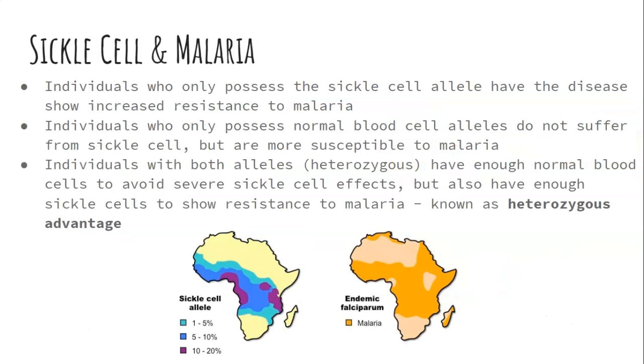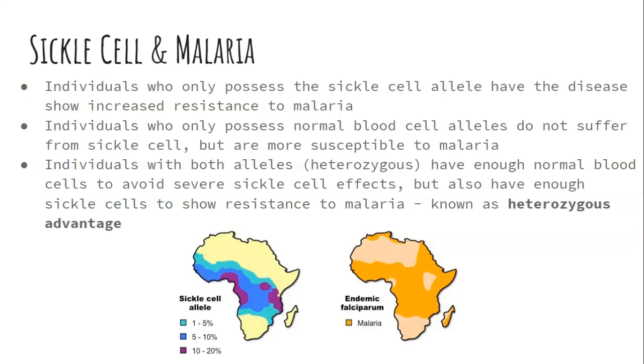I mentioned a few slides ago that there's a relationship between sickle cell and malaria. If you have sickle cell, you also show increased resistance to malaria. If you have normal blood cells, and you don't have any form of sickle cell, you're more susceptible to malaria.